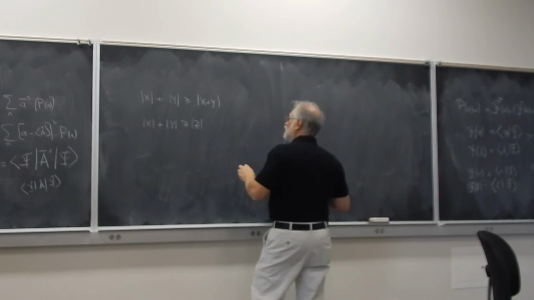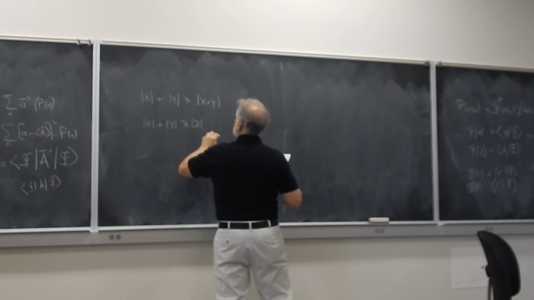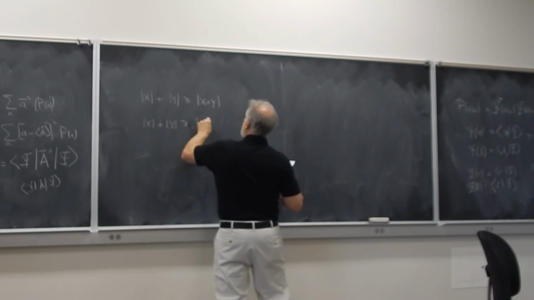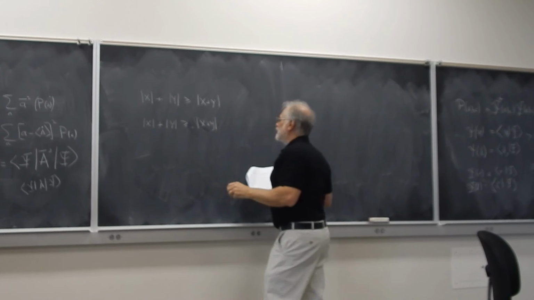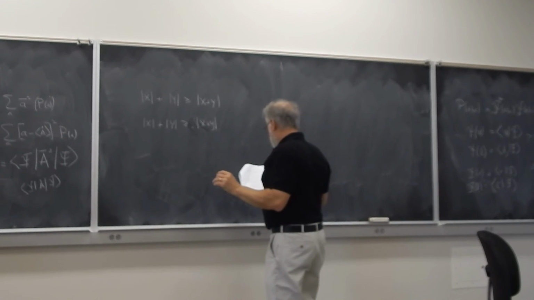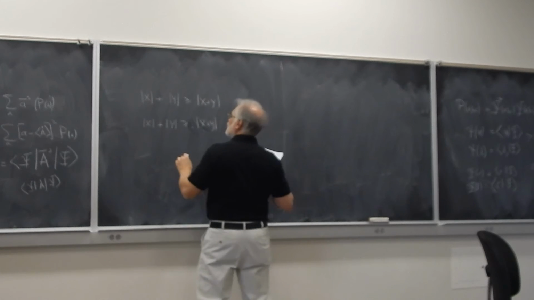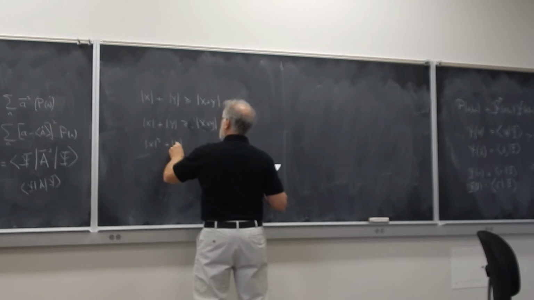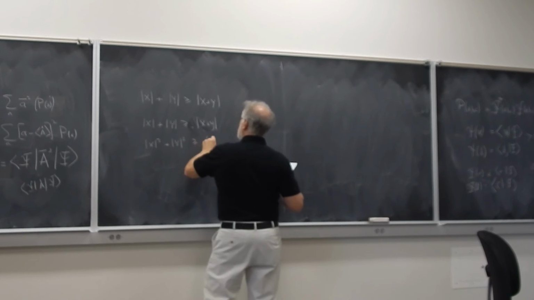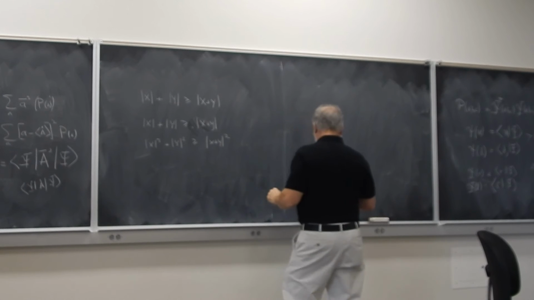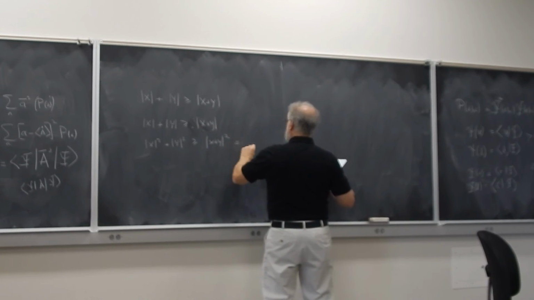And we can just write this again as magnitude of x plus magnitude of y greater than or equal to magnitude of x plus y. Let's do this though. Let's square this equation. X squared plus y squared must be greater than or equal to x plus y quantity squared, which of course is going to be equal.